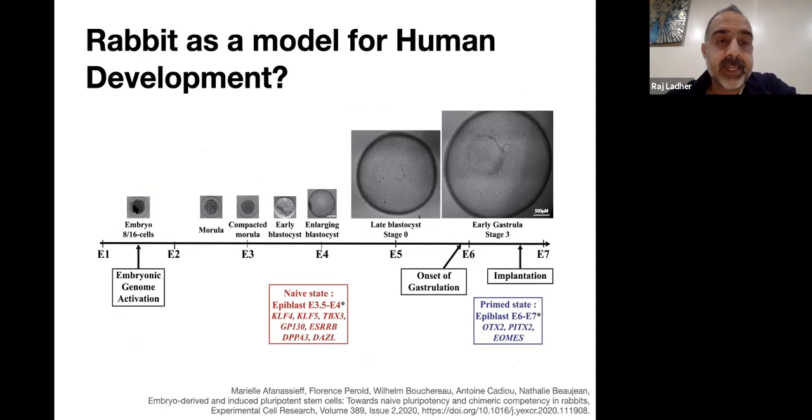And you can again see cleavage happening, the enlarging blastocyst happening at E4, and then by implantation, gastrula stage, you can see very clearly now this is the embryonic disc, and you can see the streak starting to form here as well. And so this is very much similar to what's going on in the human.